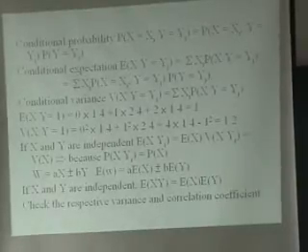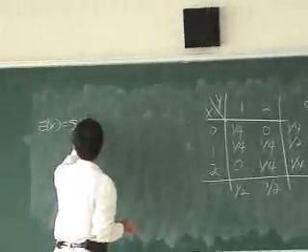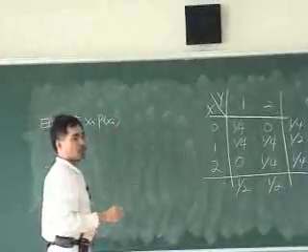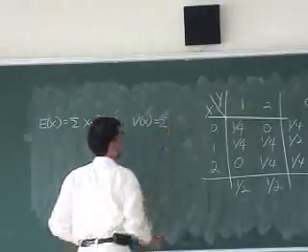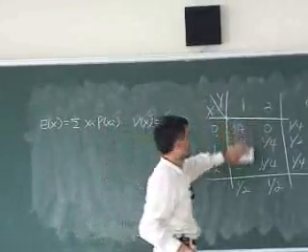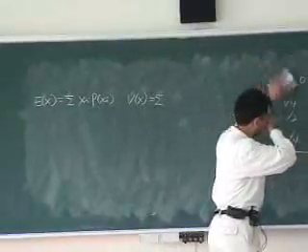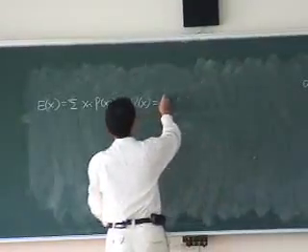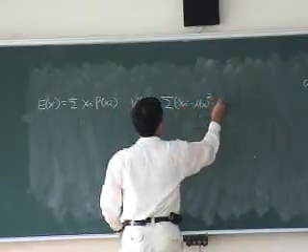So we want to get the expectation of x, right? That is equal to the summation of xi times p(xi). And the variance of x is equal to the summation of (xi minus mu x) squared times p(xi).